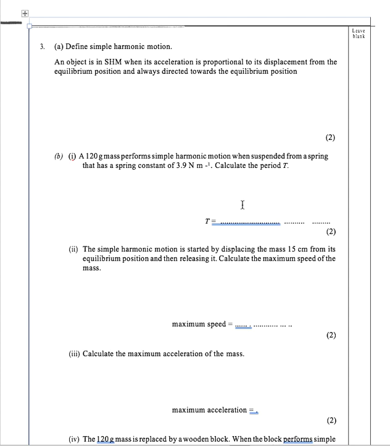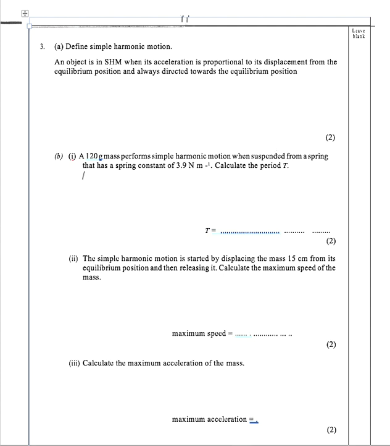Calculate the period T. Well, we have the mass, we have the spring constant, we want T. We know that T is 2 pi root m over k. So let's stick that in.